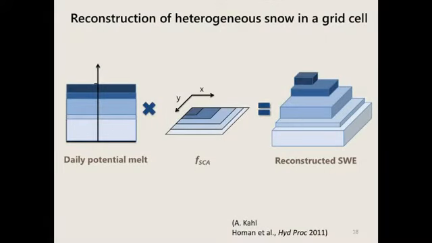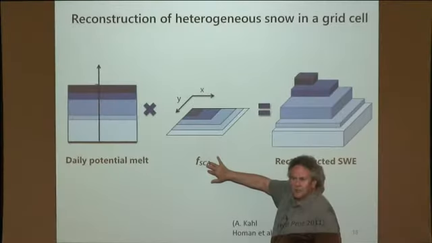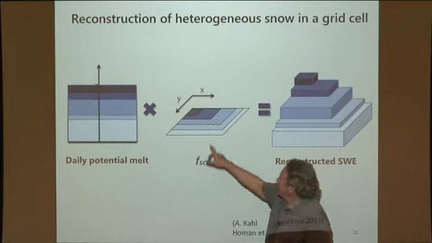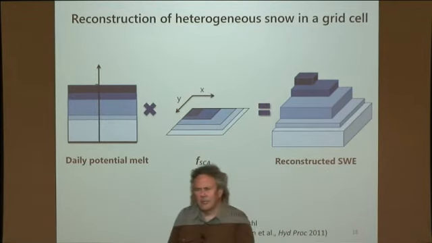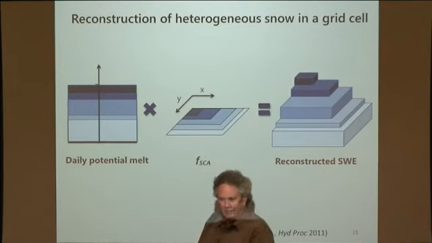But the fact that it's not uniform means that as it melts, as that fractional snow cover value is changing, then I can also estimate the spatial heterogeneity of the snow in that pixel.